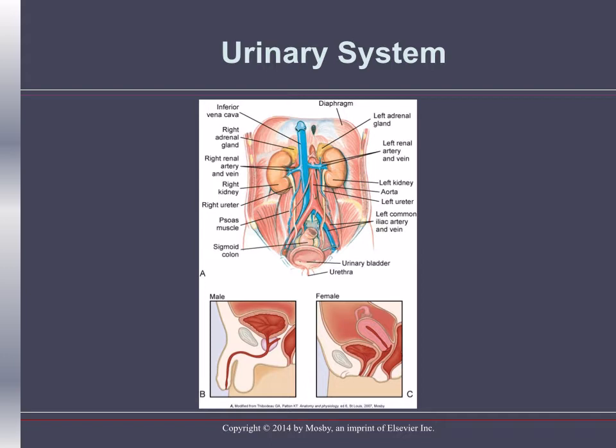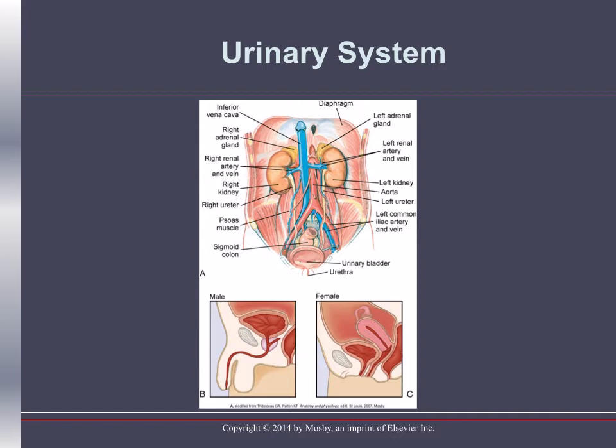There is a gland which lies on top of each kidney, and that gland is called the adrenal gland. Each kidney is surrounded by a considerable amount of fat and connective tissue that serves to support and maintain the kidney position in the body. The primary function of the kidney is to regulate the volume and composition of extracellular fluid and to excrete waste products from our body.